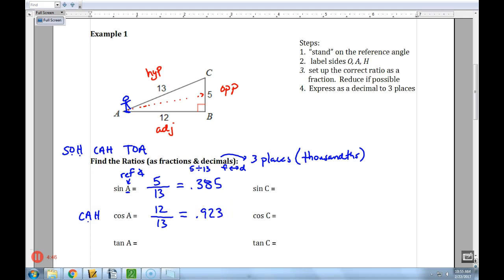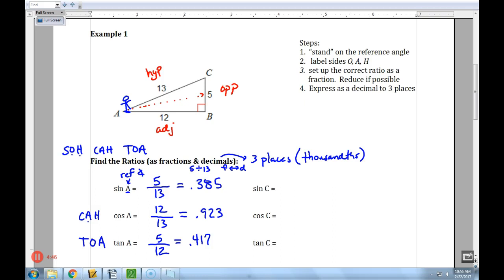Now the tangent when standing on A is opposite over adjacent, TOA. So opposite leg over adjacent leg is 5/12. 5 divided by 12 is 0.41666666, so I'm going to round it off there to 0.417.